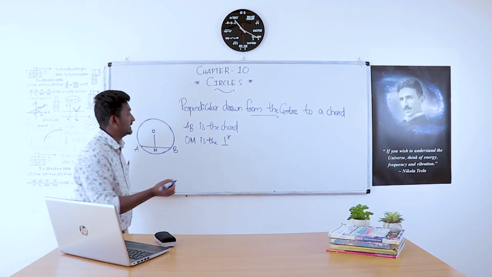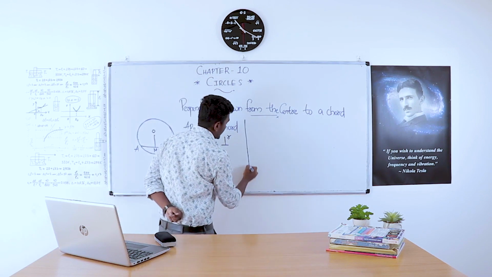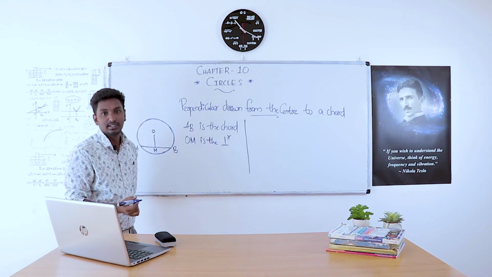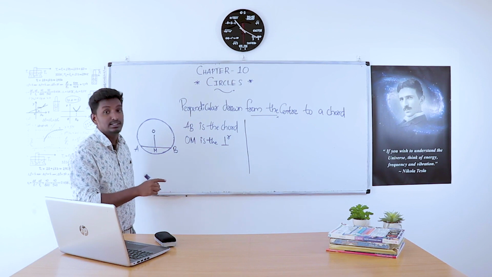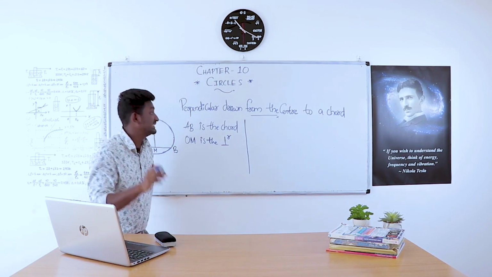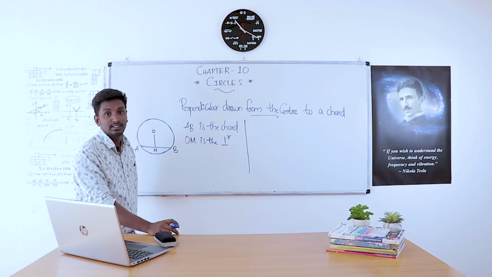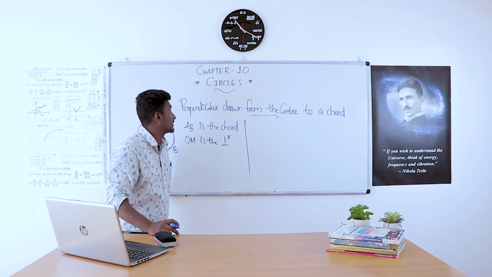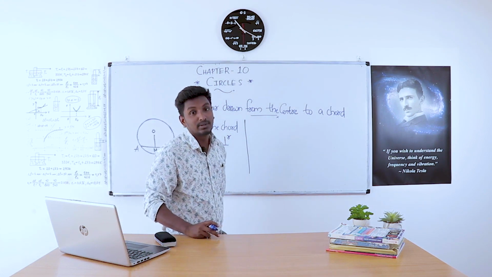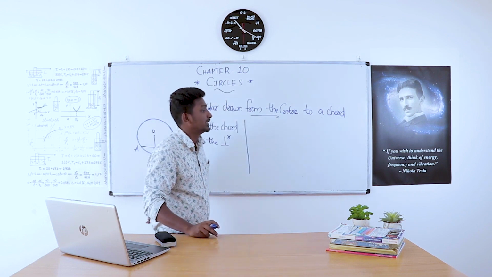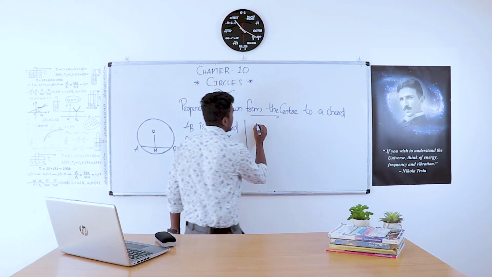Now, like in theorem 1, in theorem 2 also there is a general statement regarding the condition of a perpendicular from the center to the chord.